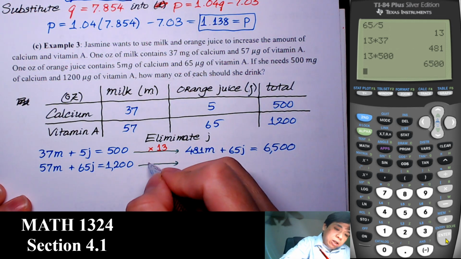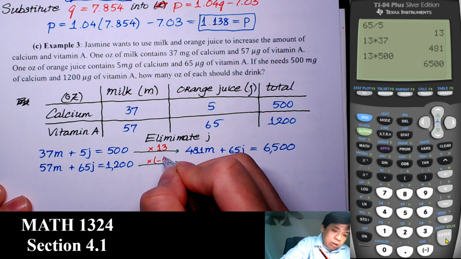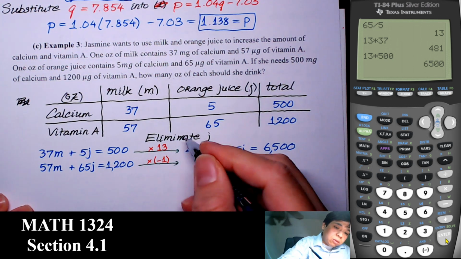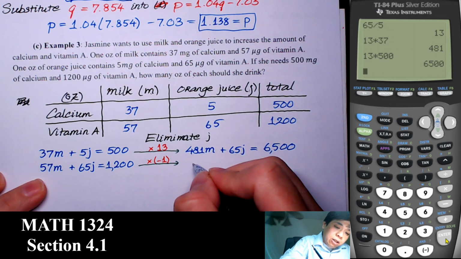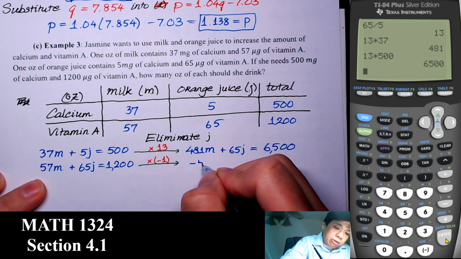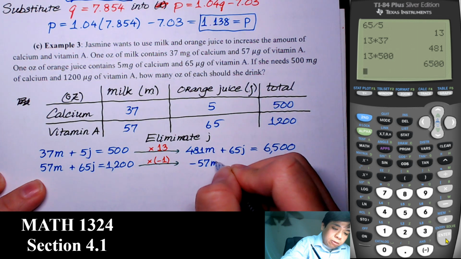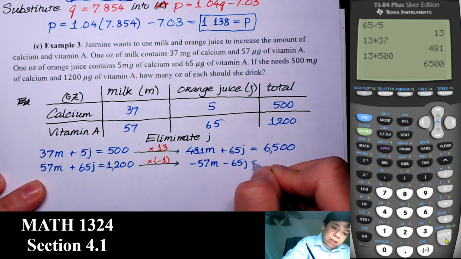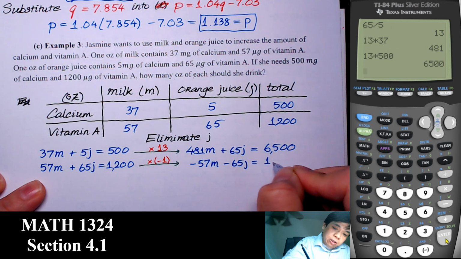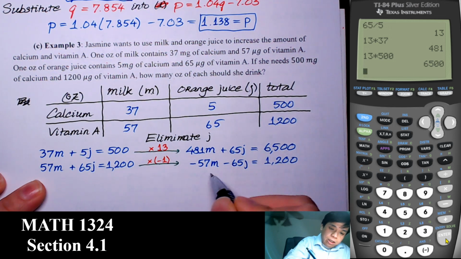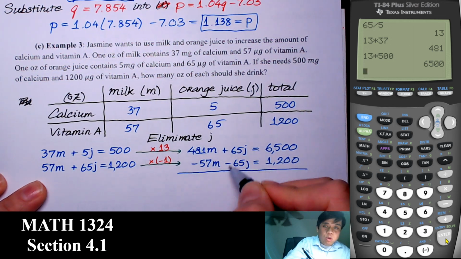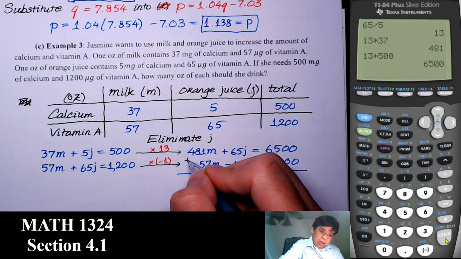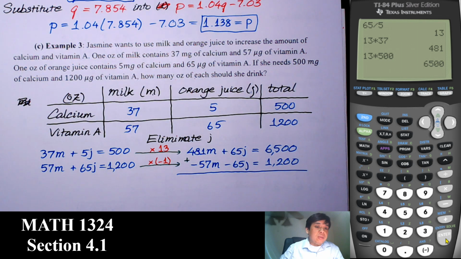Then the second equation we multiply by negative 1. That gives us negative 57m, negative 65j, and negative 1200. We keep one coefficient positive and one negative, so it will be easier to add. In that case, combine both sides.